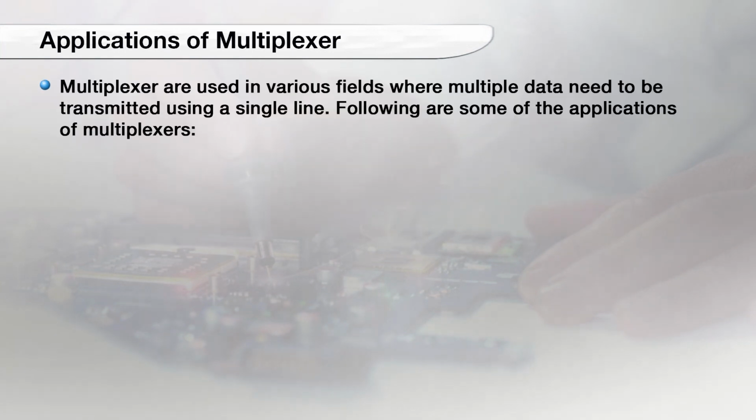So, let us discuss the applications of multiplexer. Multiplexers are used in various fields where multiple data need to be transmitted using a single line. Following are some examples of multiplexers.